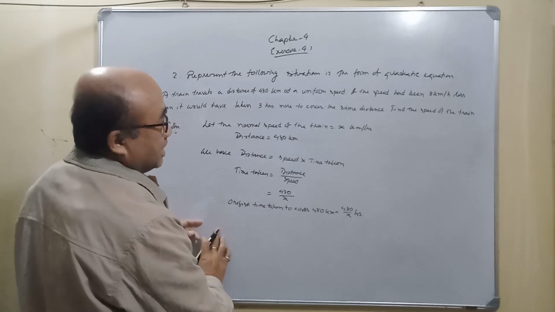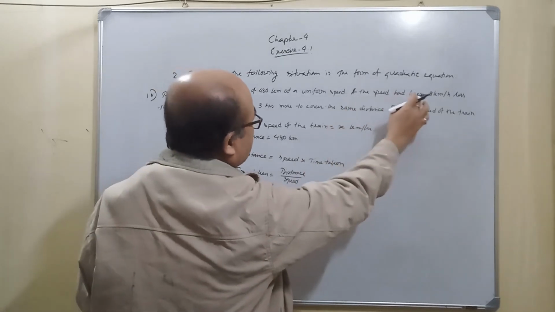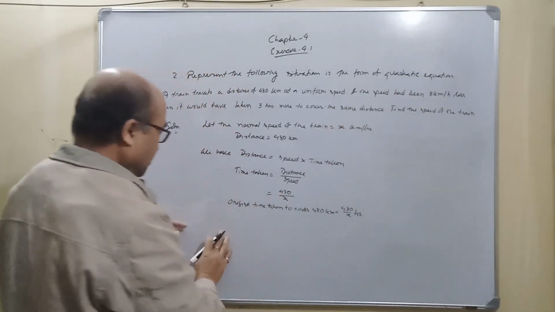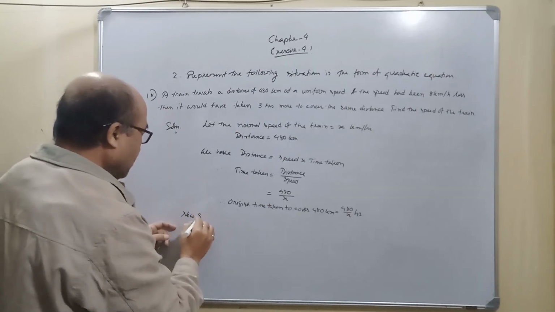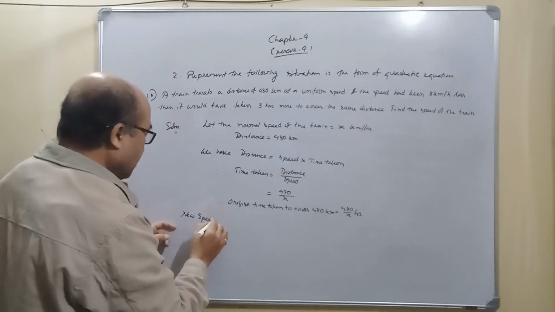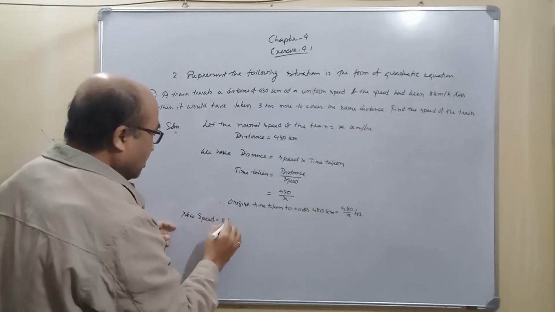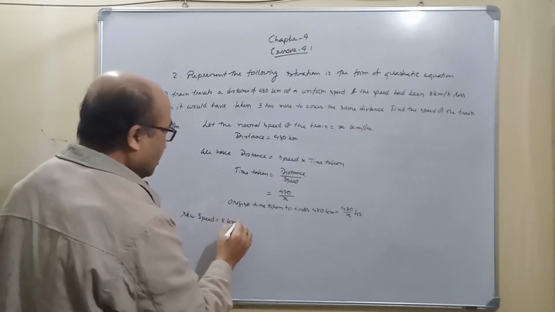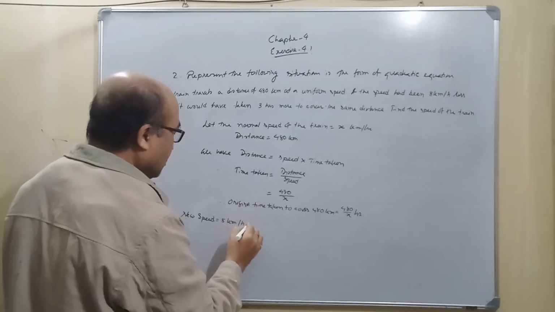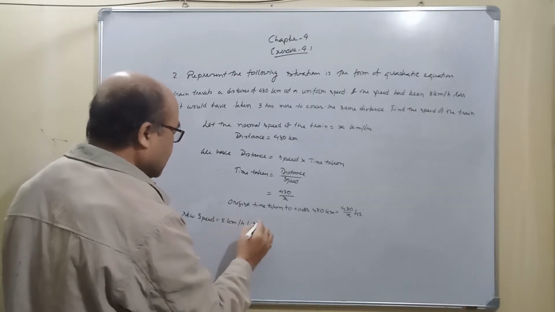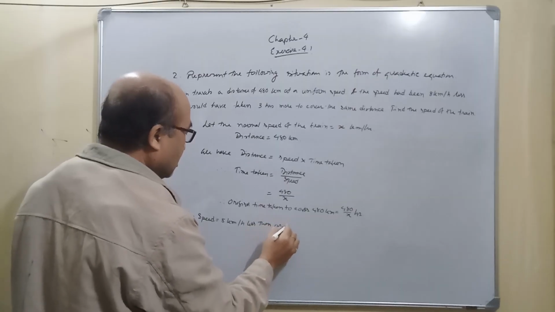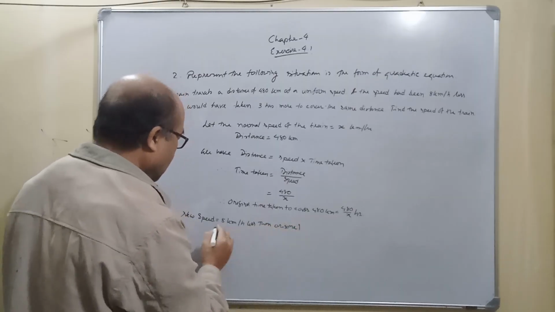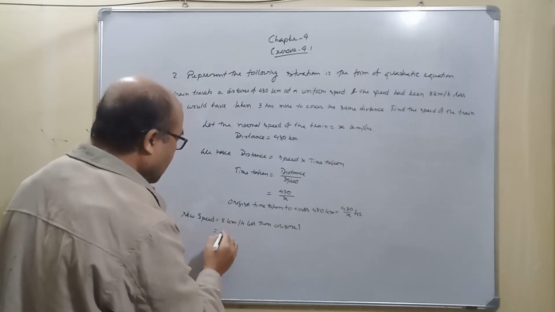Now it says that if the speed had been 8 km less, then the time taken would be more than the original. What is the original speed? x.